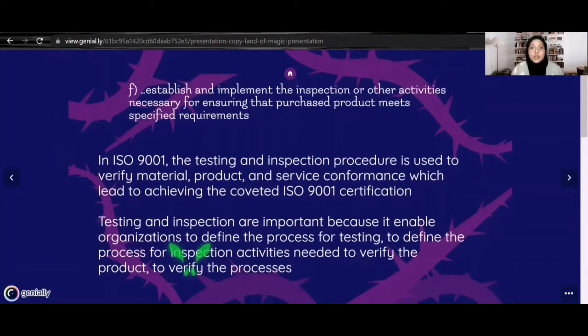Testing and inspections are important because they enable the organization to define the process for testing, to define the process for inspection activities needed to verify the product, to verify the process, and that input or output need to conform to the specific requirements, as well as keeping a document recorded of every inspection on file. This needs to include the evidence of conformity, traceability of the auditors, verifiable against the QMS.